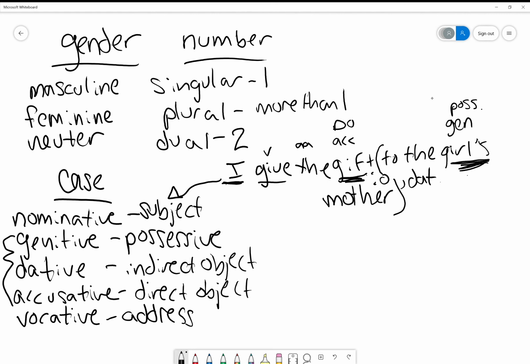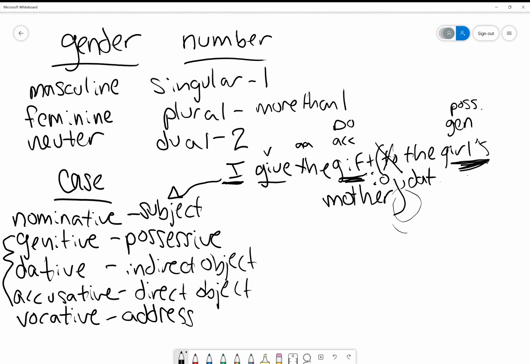That's how we know it's the indirect object. Greek can cut out the to, just have an ending that captures that in there. It's a little overwhelming at first, but once you start to practice it, you begin to unpack the words, unpack what's going on, and take it slow. It'll start to click. And once declensions click, Greek will start to click.